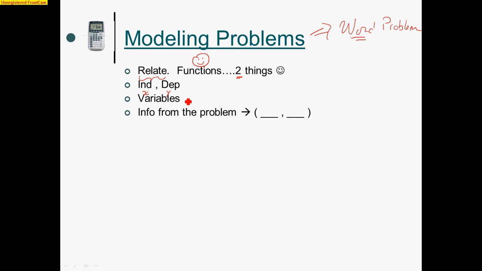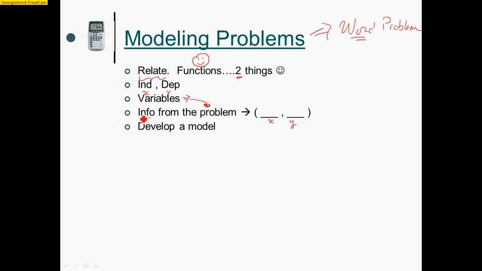Since you're going to be finding 2 variables, and since we are in the linear unit, you are going to want to find the info from the words, and the info is related to your variables. So you want to find your x comma y and order them, and then you're going to develop the model.